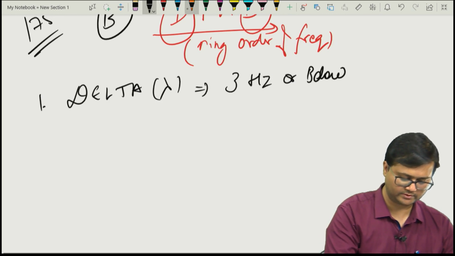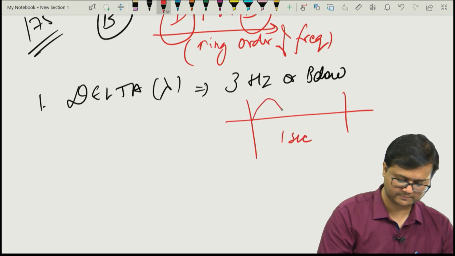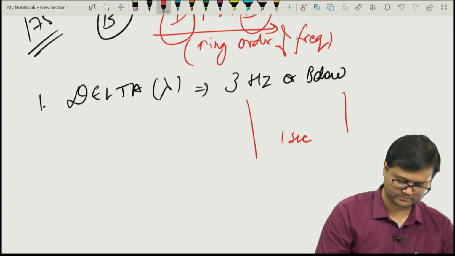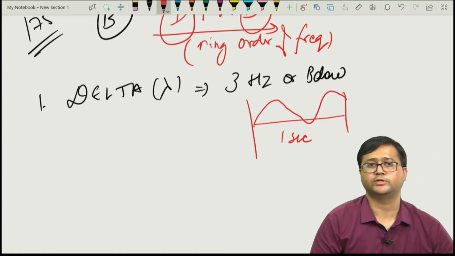So if this is 1 second, there may be 3 or fewer waves in a second.